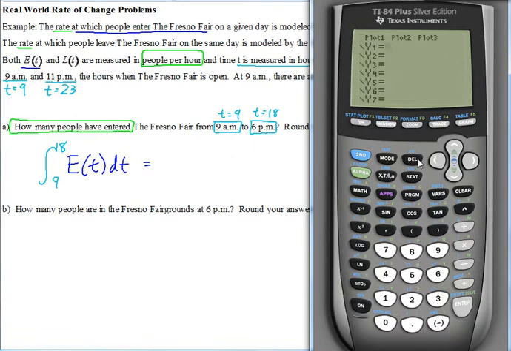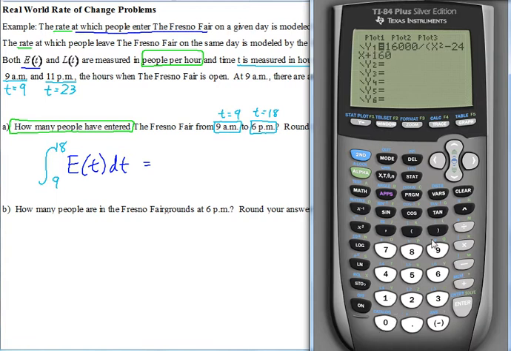If we go to y equals, let's enter in E of t, which is 16,000 divided by, and it's divided by 3 terms there, so make sure you put an open parentheses. And the variable in our problem is t. Notice this button X, T, theta, and this is for whatever variable you're using. It's just going to look like x, but it's the same function. So x squared, just a different letter, minus 24 t, which is x, and then plus 160.